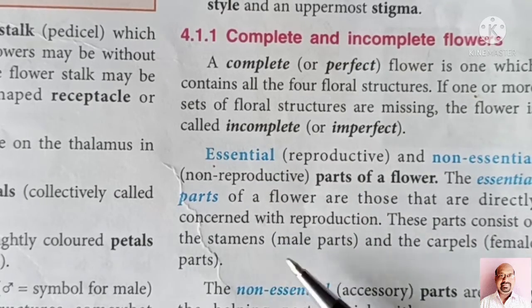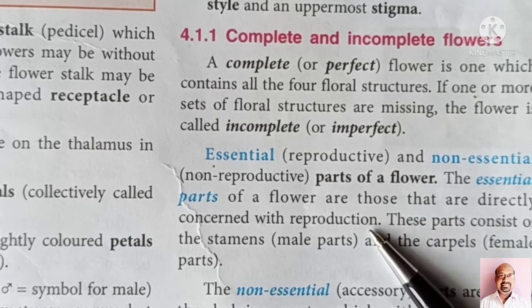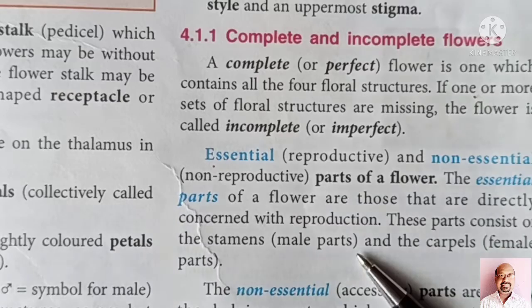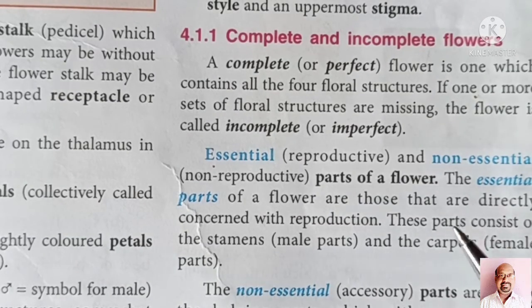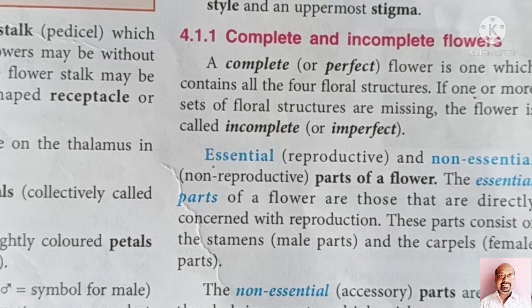Like stamen and carpels are the essential parts of a flower. They are taking part in the process of reproduction, and the sepals and petals are non-essential parts of flowers. They are not taking any direct part in the process of reproduction, but they are the helping parts.